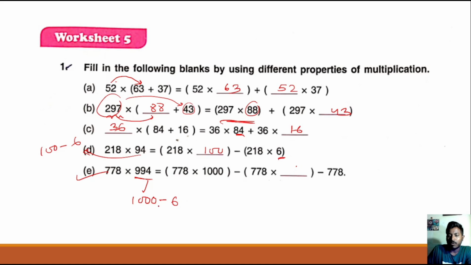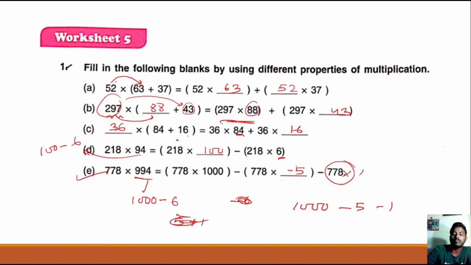Also, 6 we can write as 5 plus 1, so we can write 1000 minus 5 minus 1. So here is minus 5. Again here is 1. Clear? No minus 5, only 5.